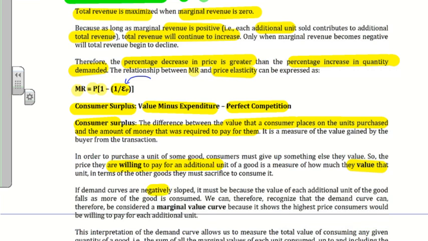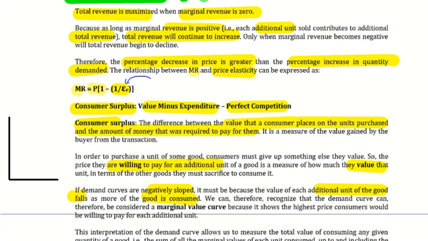If demand curves are negatively sloped, what does that mean? It means that the value of each additional unit falls. Let's just draw a quick picture as a reminder. There's price and quantity.